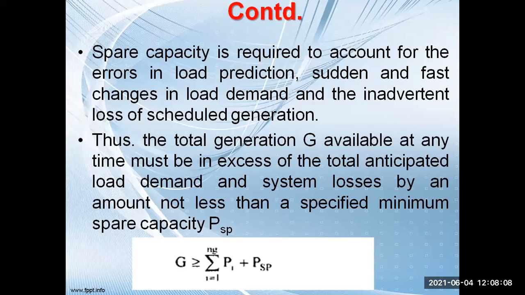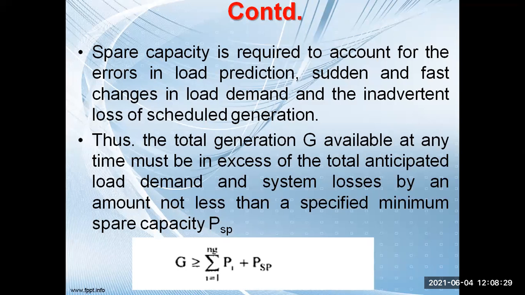Unscheduled causes are coming into the system, and because of that, one generator has to be taken out, and that may arise for multiple generators. So what has to be done? Each generator, whenever it is generating, has some spare capacity. Spare means the reserve capacity. It is known as the reserve capacity.